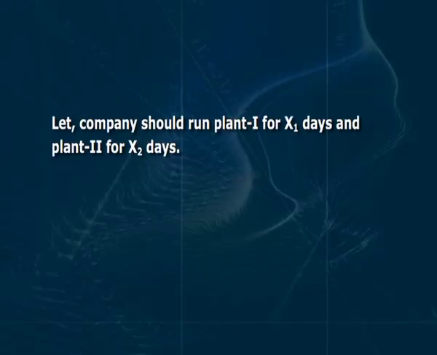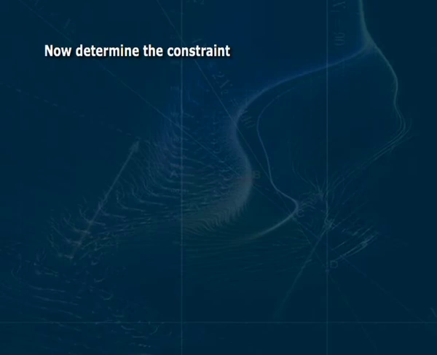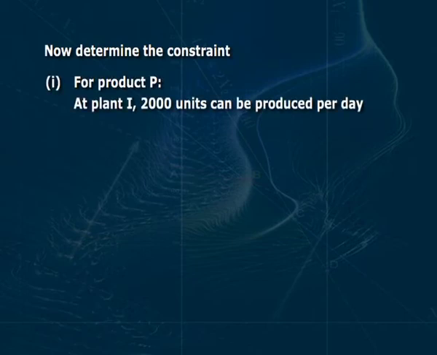Let the company run plant 1 for x1 days and plant 2 for x2 days. Therefore, total cost for both the plants will be 700 x1 plus 500 x2, which is to be minimized. Now, to determine the constraint for product P, at plant 1, 2000 units can be produced per day.